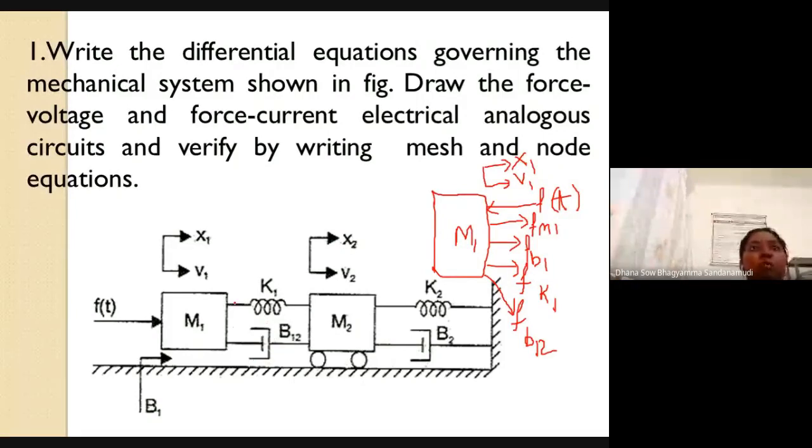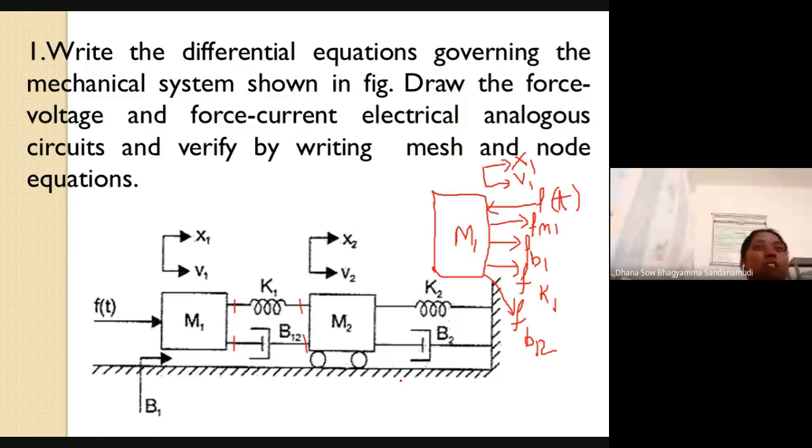K1 has two free ends to move and B12 has two free ends to move. So K1 will be proportional to the differential displacement, and B12 will be proportional to the differential velocity. Just remember that.